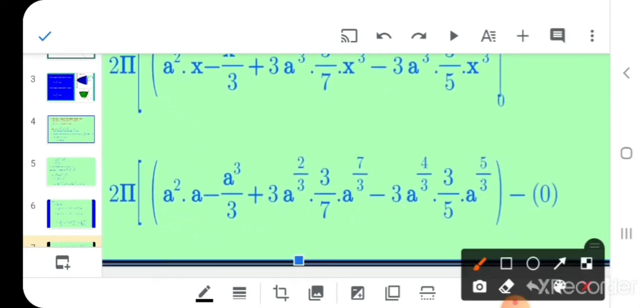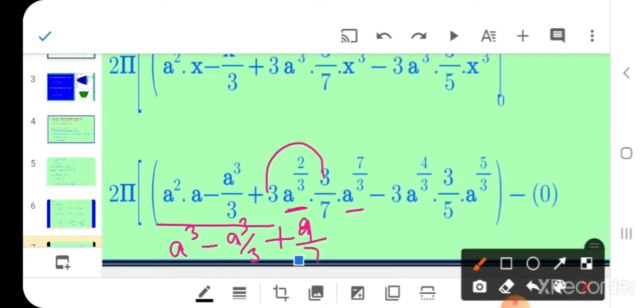Now I simplify this line. Okay. A square into a cube minus the same a cube by 3 plus 3 into 3 by 7, 9 by 7. This is a power 2 by 3, this is a power 7 by 3. Bases are same, so we add the powers. What are that? 2 by 3 plus 7 by 3 minus same 3 into 3 by 5 means 9 by 5.